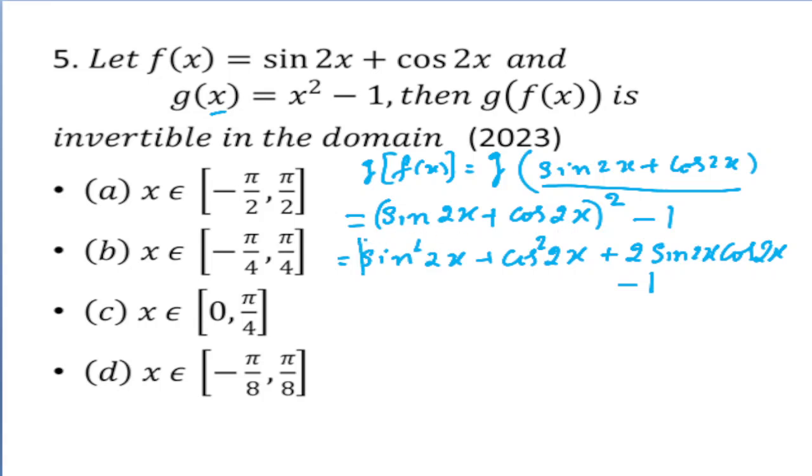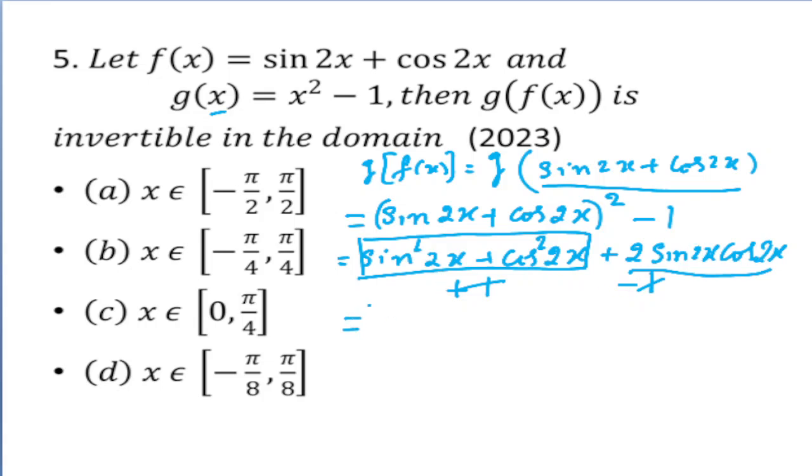Now from trigonometric identities, cos square 2x plus sine square 2x value is 1. So we can eliminate plus 1 and minus 1. What is left out? 2 sine 2x into cos 2x.